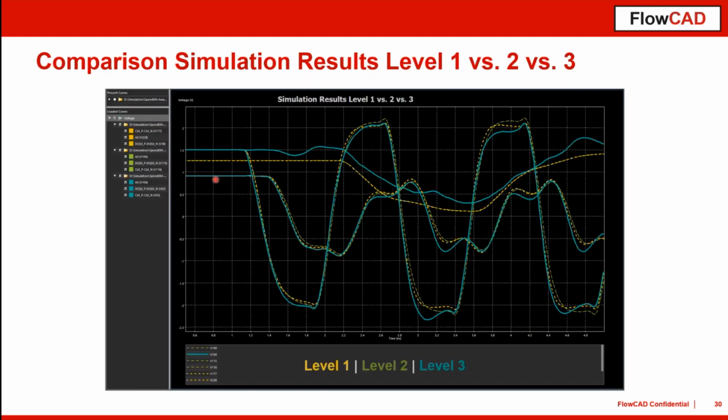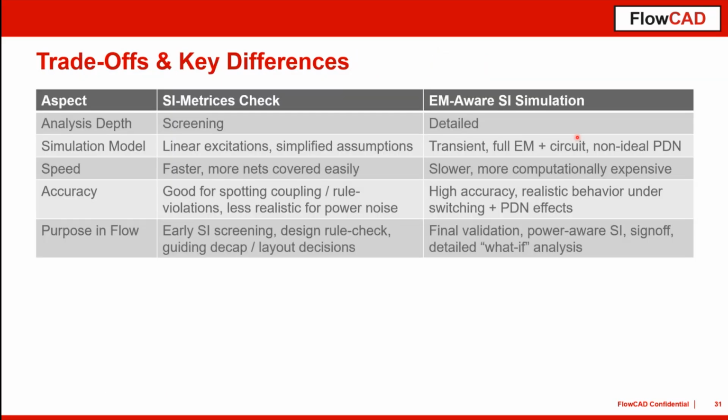If I compare all these three levels again, the results seem to be quite close, but we also see a difference especially when we use the power-aware analysis. So as a conclusion, both workflows complement each other.